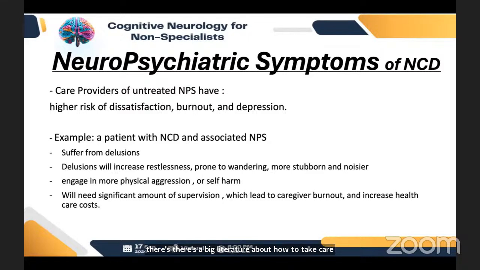So, just for a quick example, I'll try to make it as easy and basic as possible for everyone. I understand this could be complicated for people who are not aware of a lot of psychiatric disorders. Imagine a patient having Alzheimer's disease or dementia, and they're suffering from delusions, and those delusions are extremely distressing.